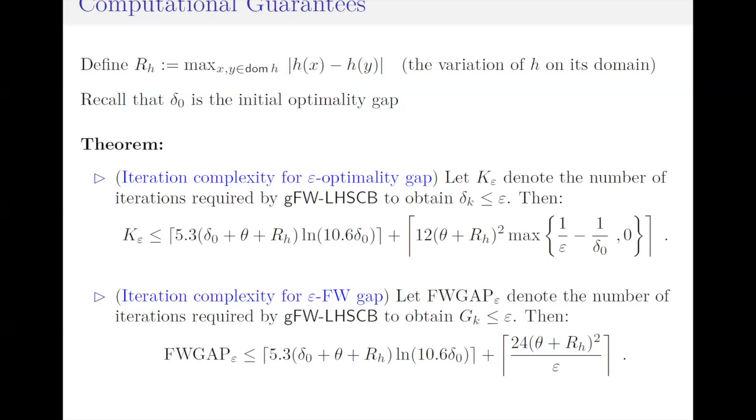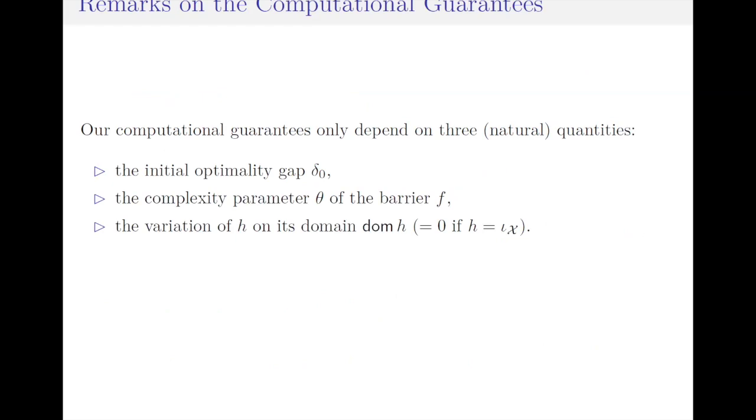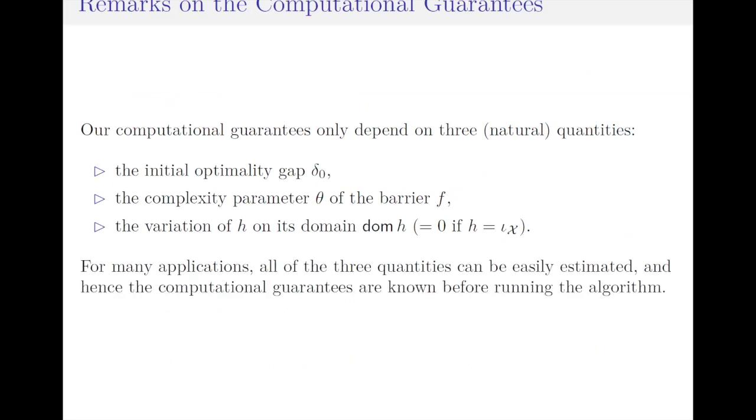All of these quantities can be easily handled. For example, theta can be known beforehand, because a lot of times once we know this log-homogeneous barrier, we immediately know theta. So it only involves these 3 quantities, and for many applications, all 3 quantities can be easily estimated.